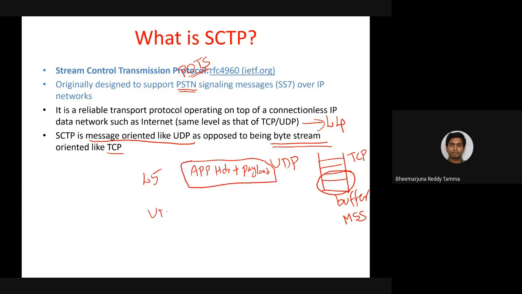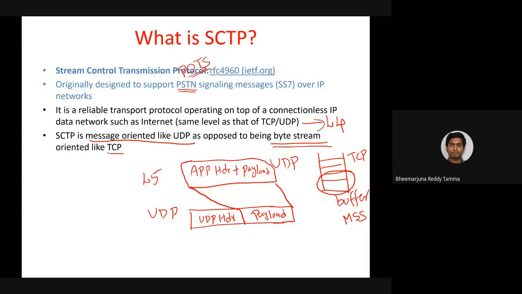And at layer 4, if you have UDP, what does UDP simply do? It respects the message boundaries that are given by the application layer. So whatever message is coming from the application layer, it simply keeps as a payload without doing the chunking or the splitting that TCP does, because TCP does some kind of byte streaming.